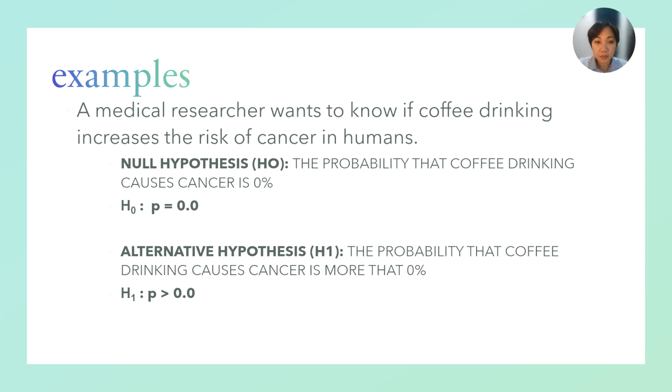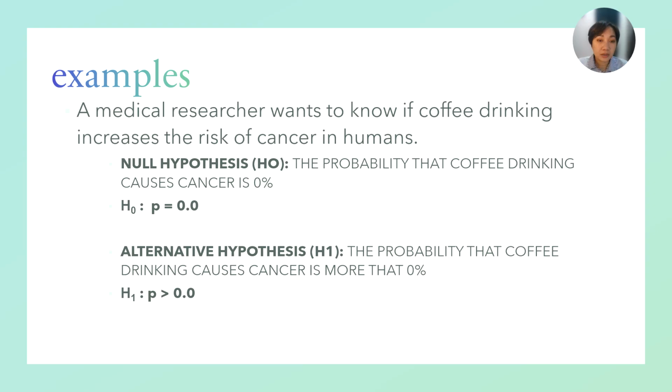Your alternative hypothesis is what the medical researcher wants to figure out. That is, is it true that it's still 0%? What if it's not? What if there really is a risk of cancer in consuming coffee? So the alternative hypothesis would be the probability that coffee drinking causes cancer is more than 0%.